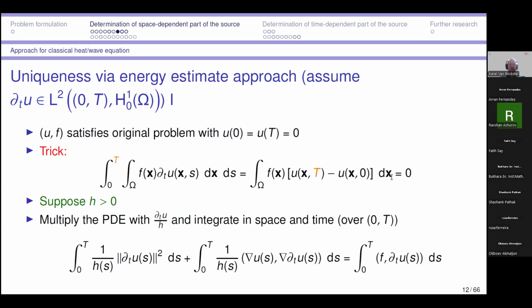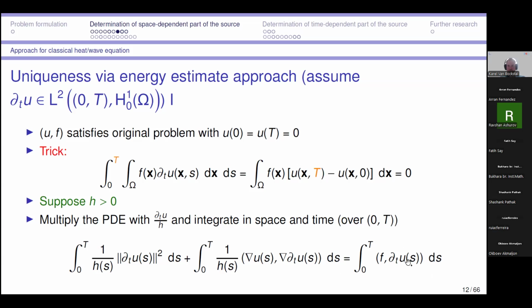On the left-hand side, we will apply Green's formula, which means in fact that we look for weak solutions. After applying Green's formula, we get this identity, and we also suppose that h is strictly positive, such that we can divide by h. If you first divide by h and then integrate in time, you get this identity.